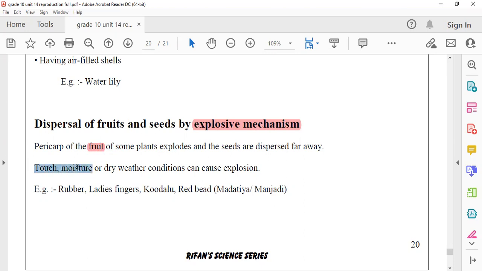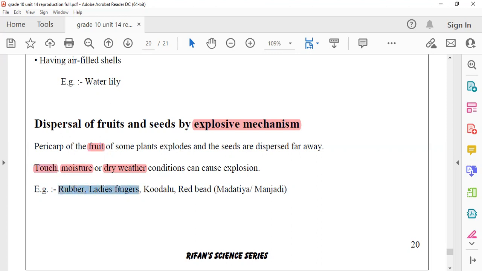Touch, moisture, dry weather conditions, different stimuli can cause the explosion. Some of them are exploding due to dryness. Some of them are exploding due to moisture. Some of them are exploding due to touch.